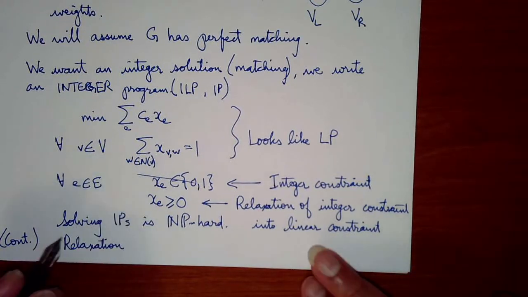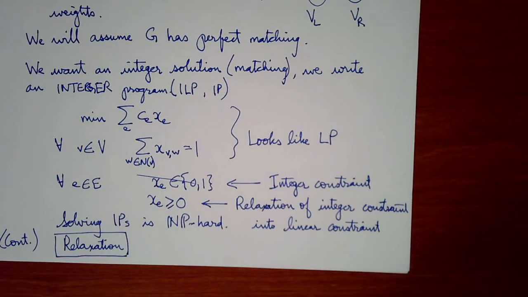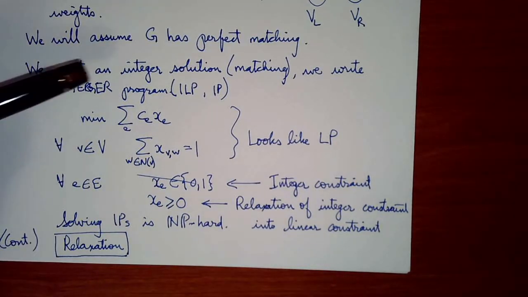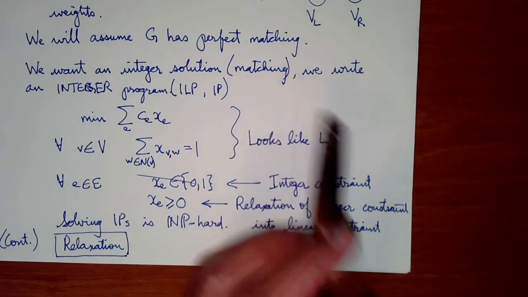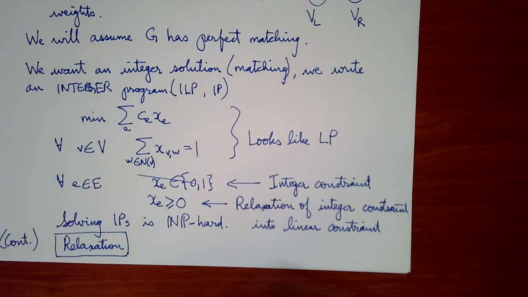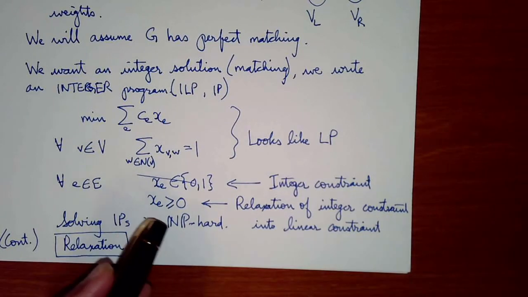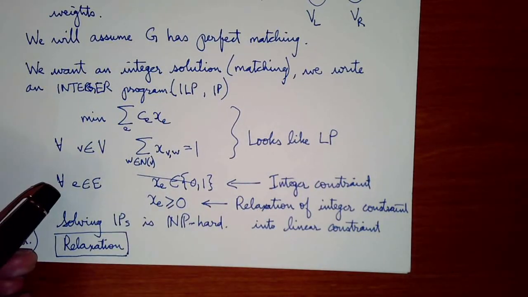This is a very, very important concept in optimization, especially combinatorial optimization, where your solution space is a bunch of discrete objects which are matchings. And so you can write an integer program whose solution will be the optimal discrete object, but we don't know how to solve these efficiently.